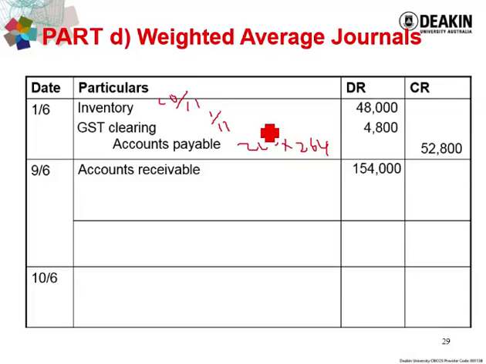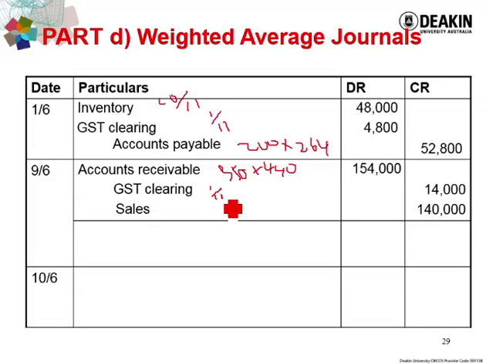So debit accounts receivable 350 multiplied by 440, that gives us 154K inclusive of GST. Then we credit GST clearing 14K, which is 1 over 11, and we credit sales revenue 140K, which is 10 over 11.